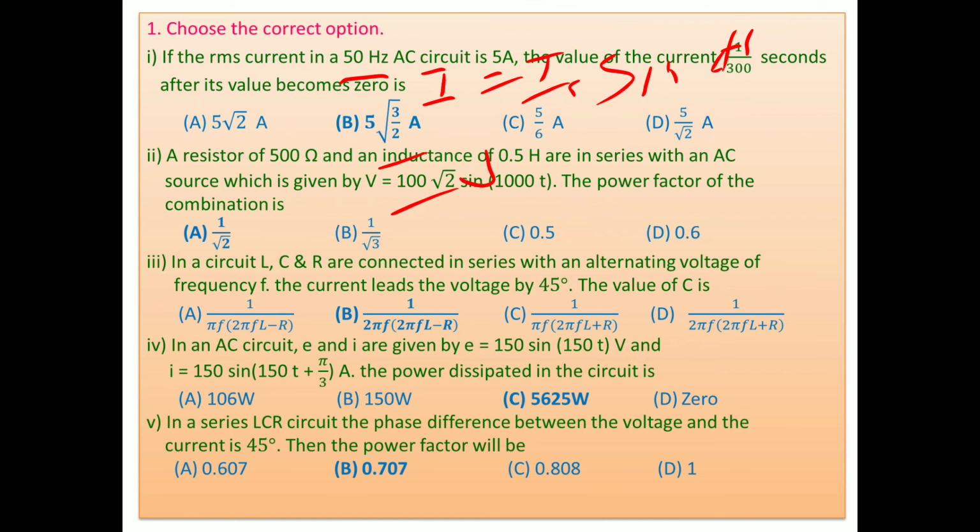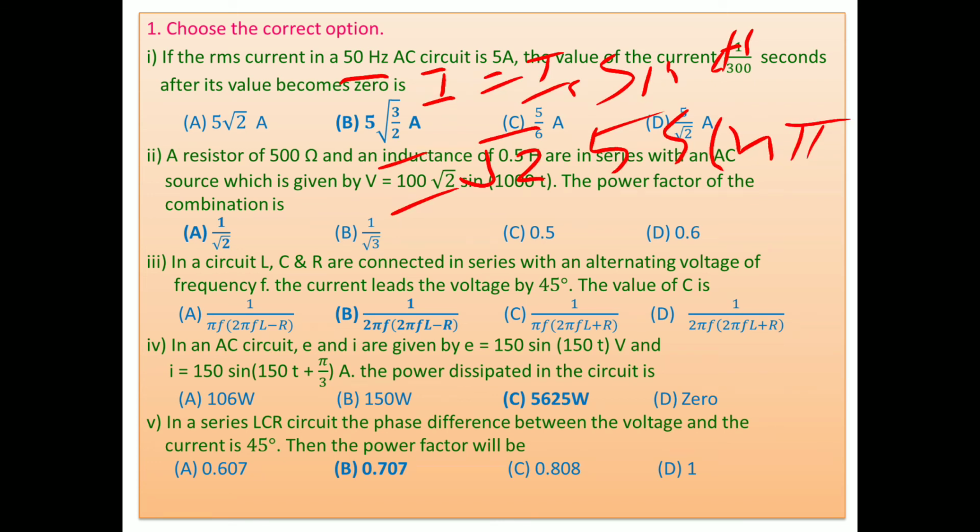So you can take here root 2 into 5 sine of omega t, where omega means 2 pi f. F, the frequency, is given as 50 Hertz and time t is given as 1 upon 300. So 50 into 2 means 100 pi upon 300, which is sine pi by 3.